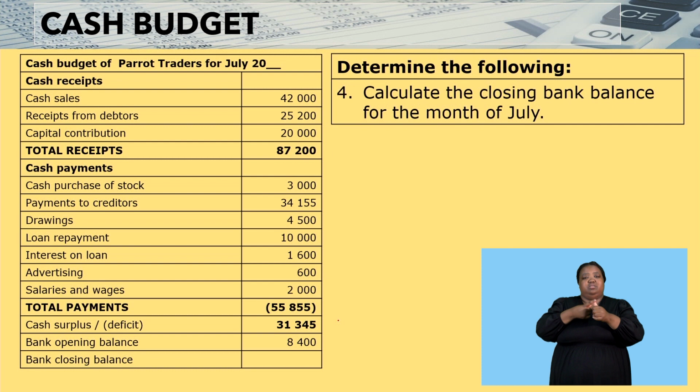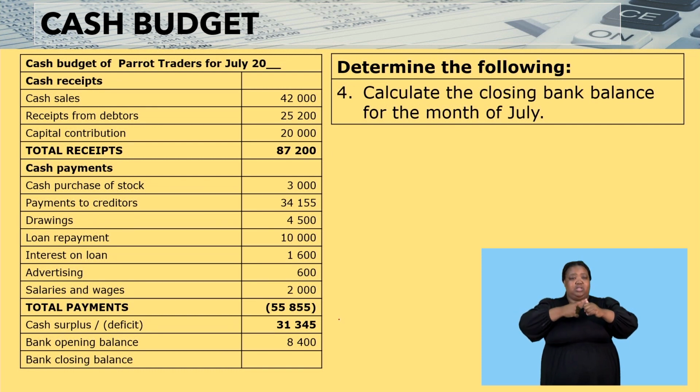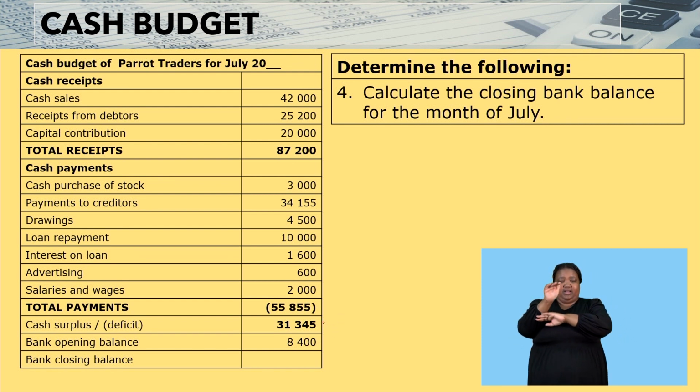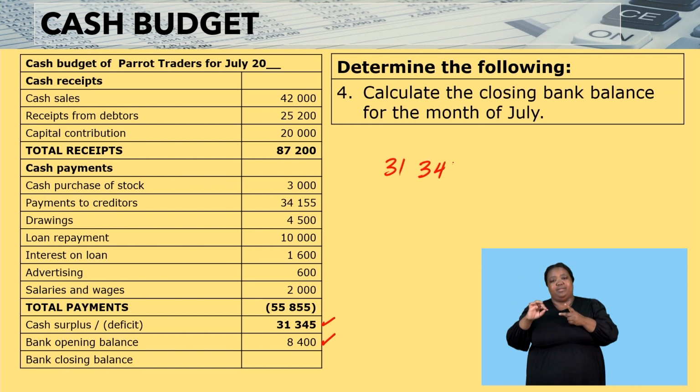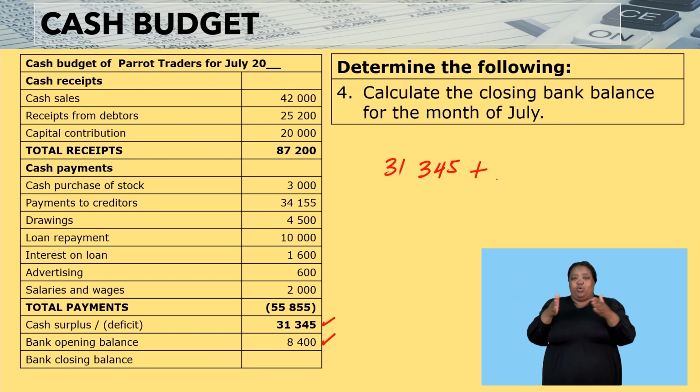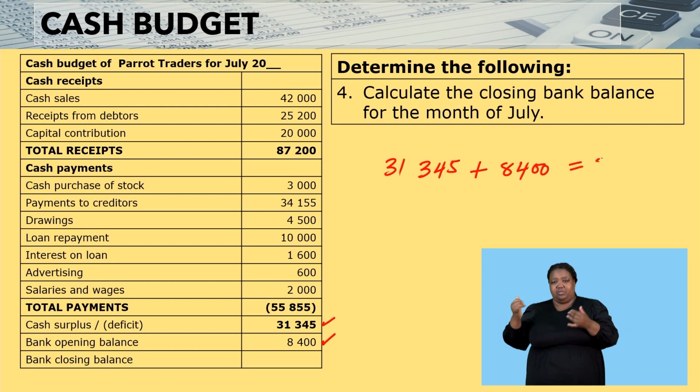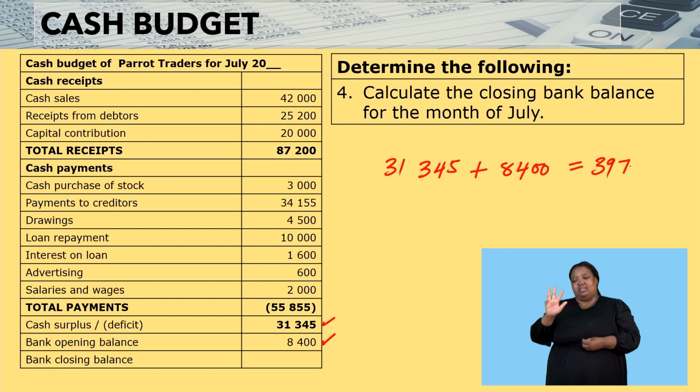Number 4 says, calculate the closing balance for the month of July. To get the closing balance, I'm saying my cash surplus plus my opening bank balance. So I'm simply adding 31,345, which is my surplus, plus my opening bank balance of 8,400. That will give me 39,745.